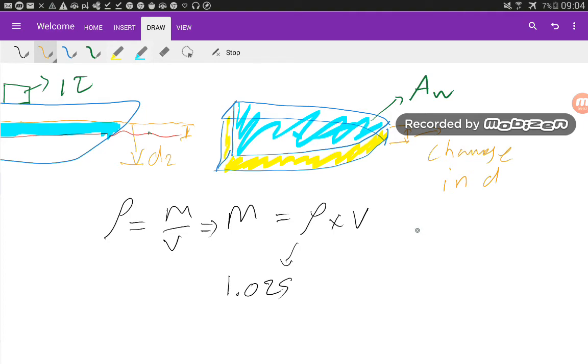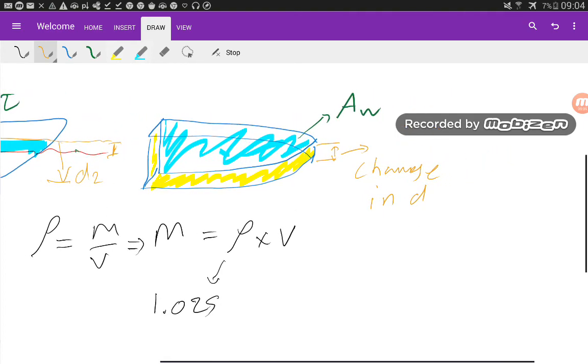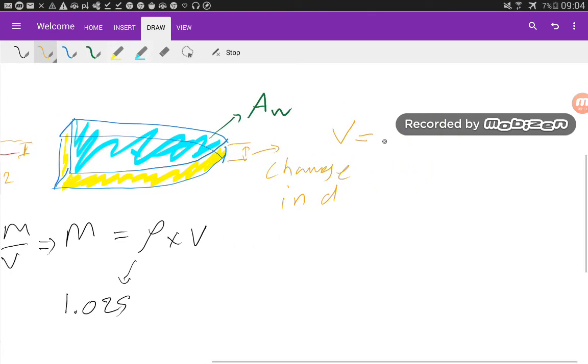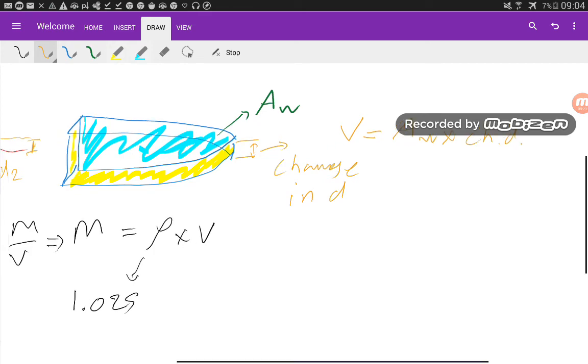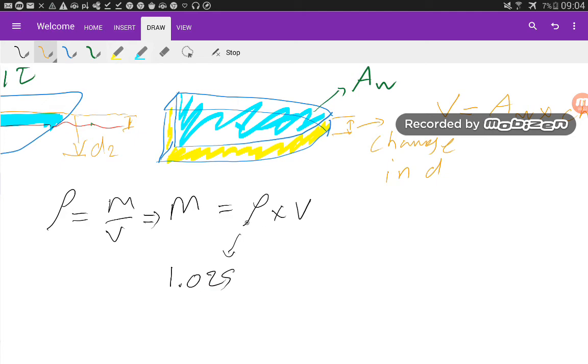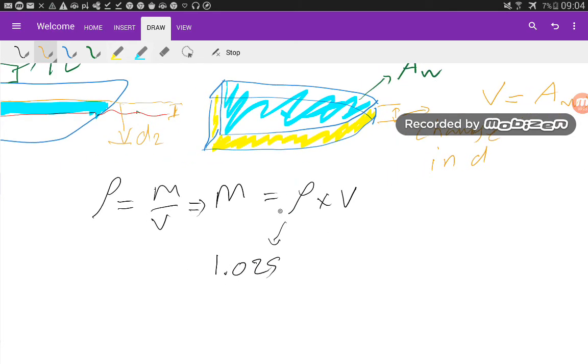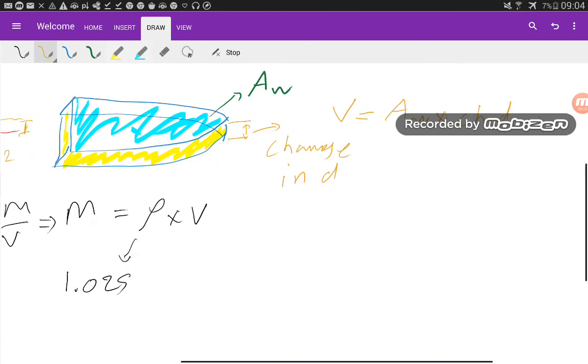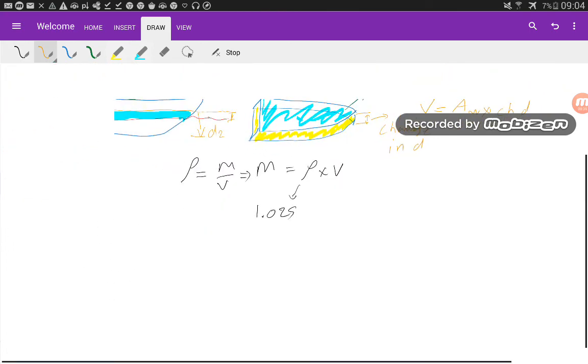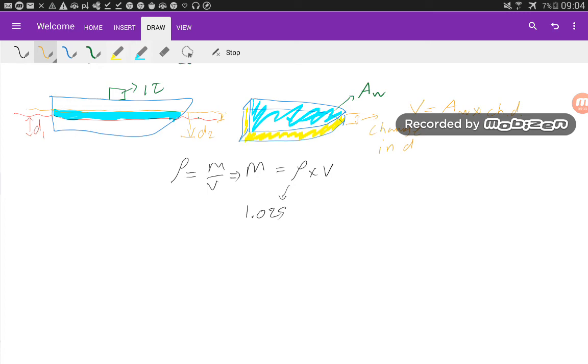So the volume of this prism is equal to AW times the change in draft, times the density. So we have the volume, we have the density, thus we are able to calculate the mass. How can we use this one? Let's bring an example.